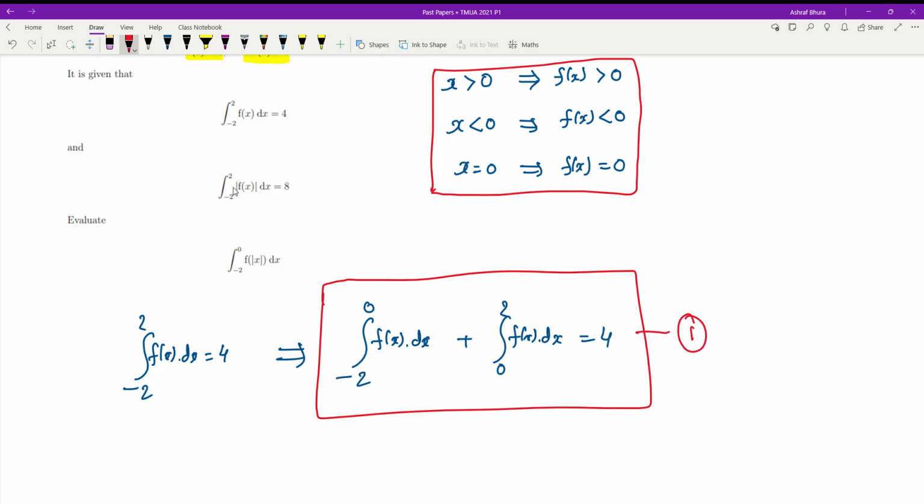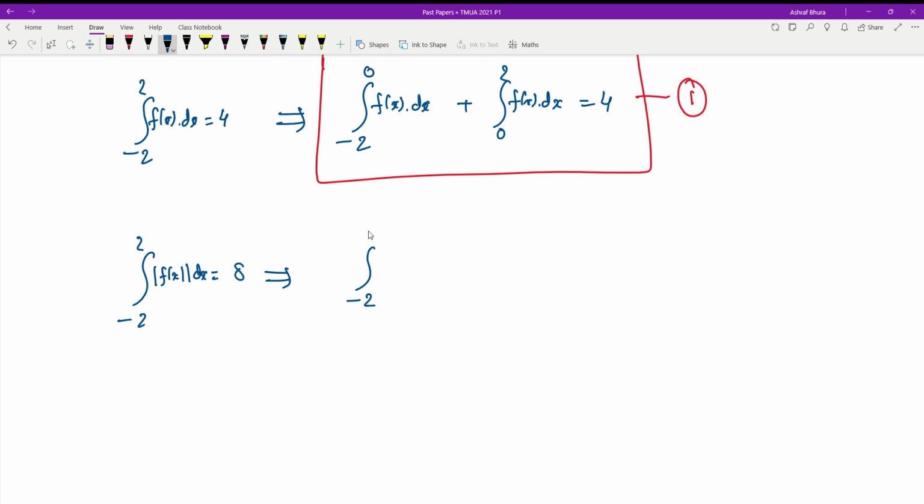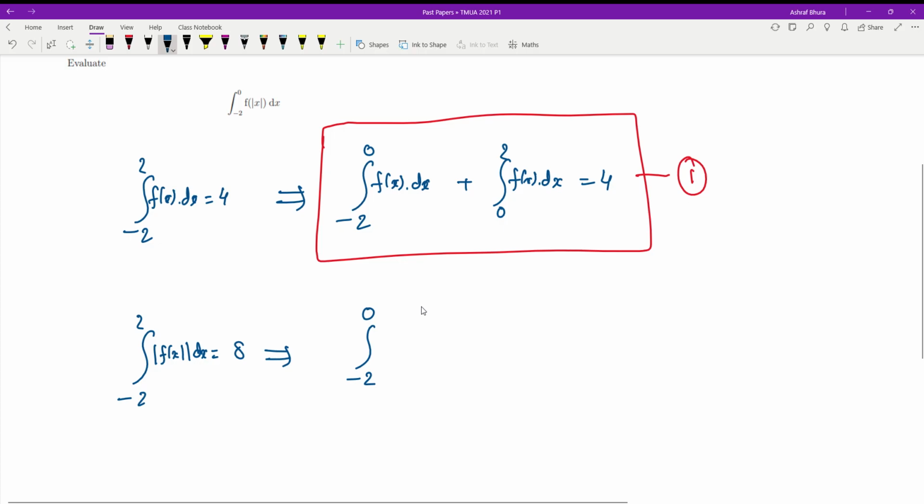Okay, let's look at the second one. Integral from negative 2 to 2, same thing, but instead of f of x, now we have mod f of x dx, is equal to 8. So this simplifies to what? When I have integral from negative 2 to 0, can I say that f of x will be less than 0, right?